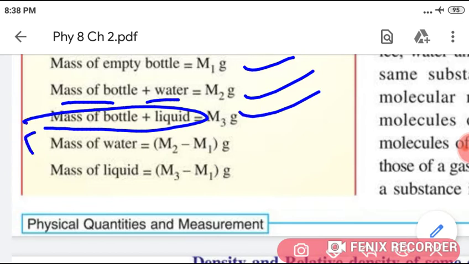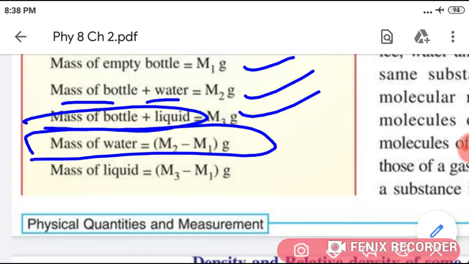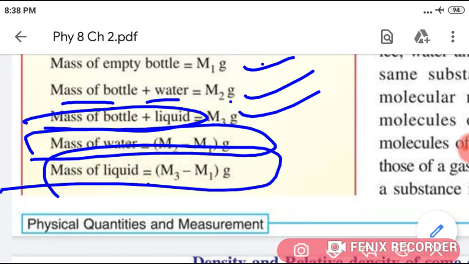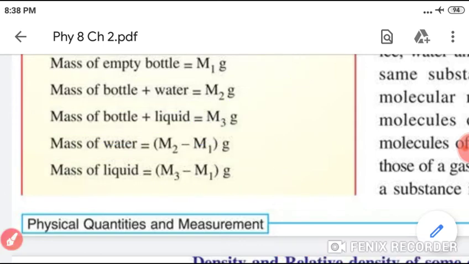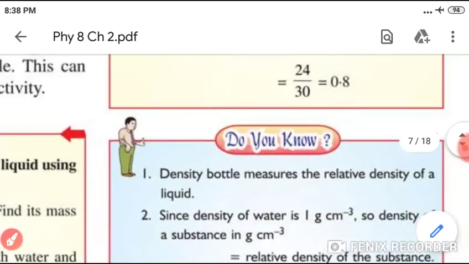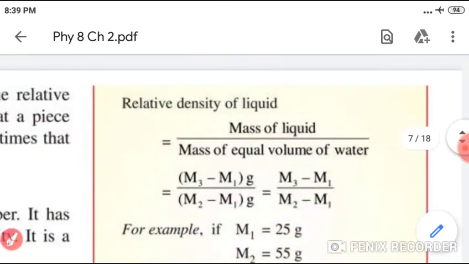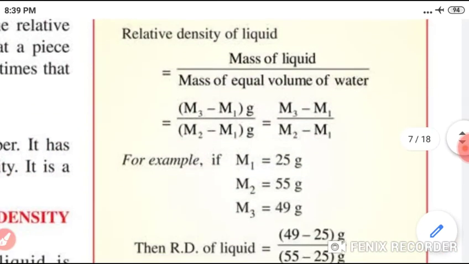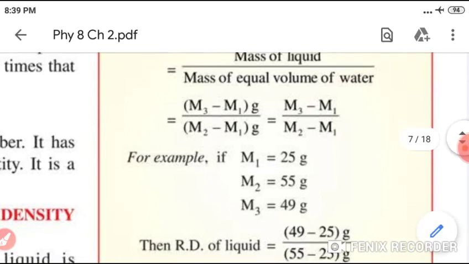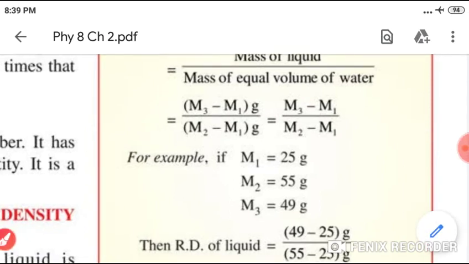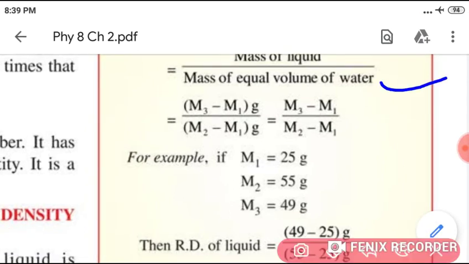That means the mass of the water we will find out how? M2 minus M1. And mass of the liquid, M3 minus M1 gram. Okay, now the relative density of a liquid, how? The mass of the liquid divided by the mass of equal volume of water.